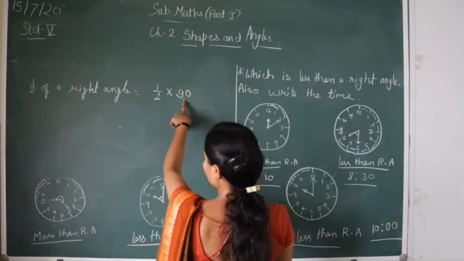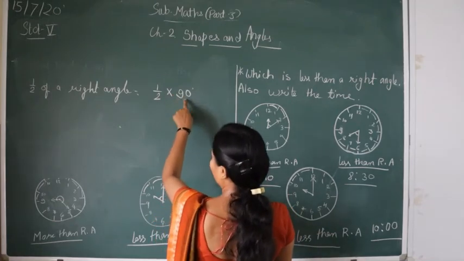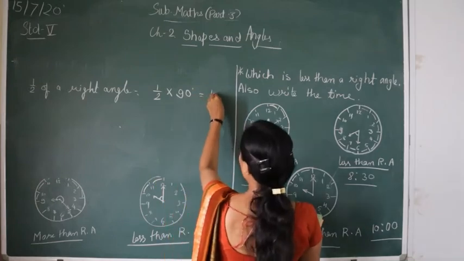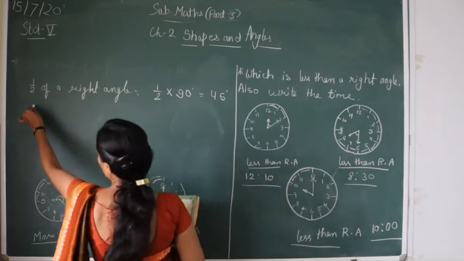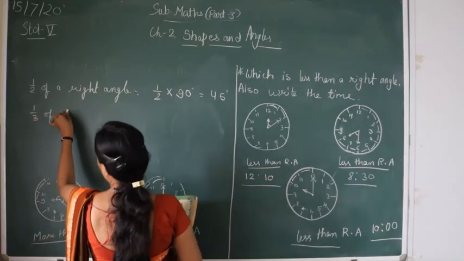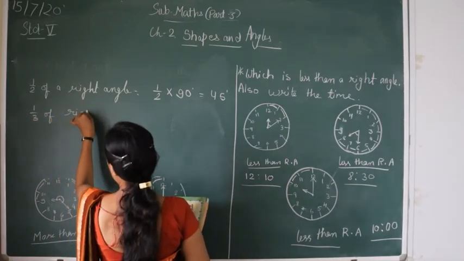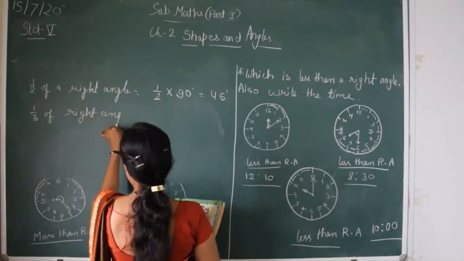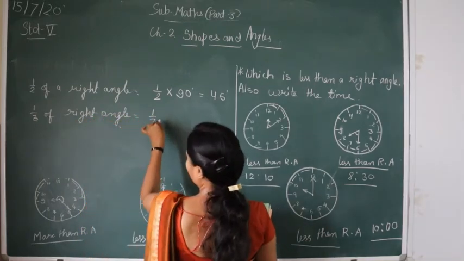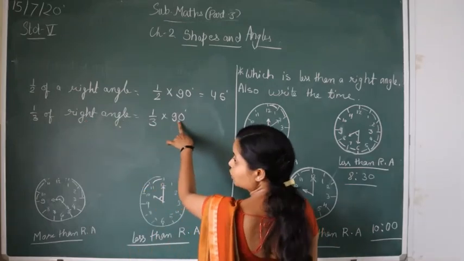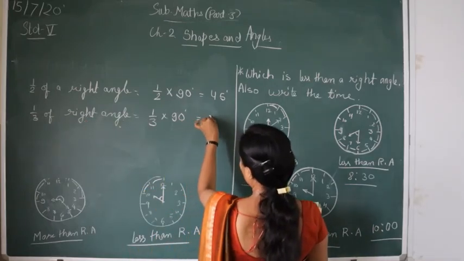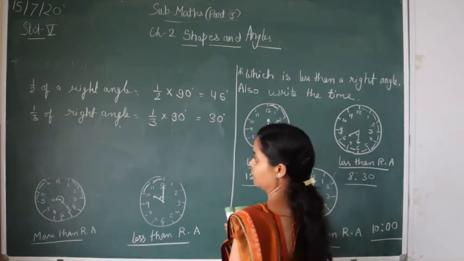When you divide 90 degrees by 2, you get 45 degrees. Similarly, 1/3 of a right angle. Write 1/3, and a right angle means 90 degrees. When you divide 90 degrees by 3, you get 30.